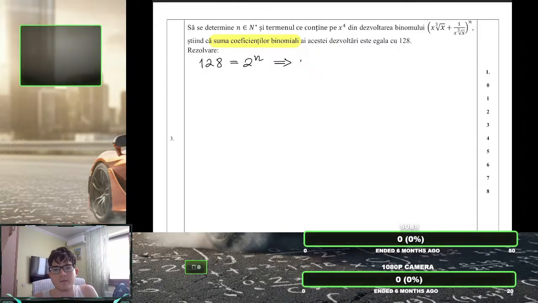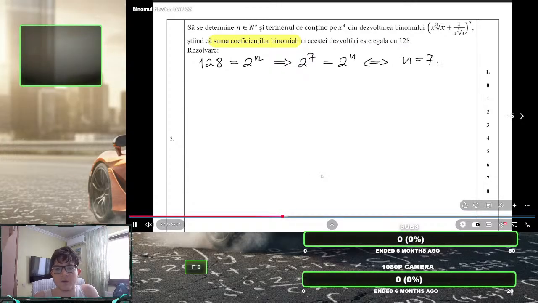So yeah, I have to remember this, practice a bit more. So now I have to think about which number I have to put at the power of 2 to make 128, so that's 7, right? 2 to the power of 7, so n is 7.